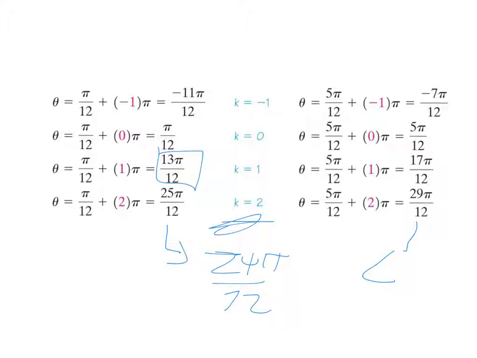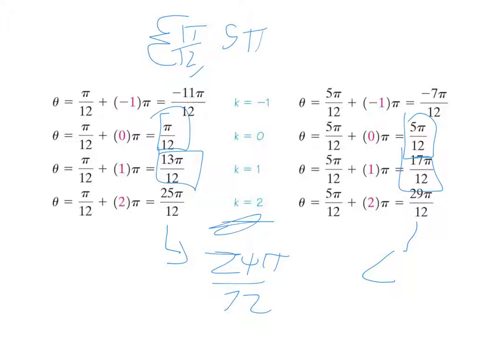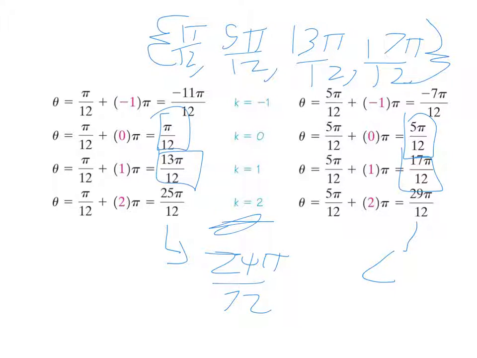So these four answers: pi over 12, 5 pi over 12, 13 pi over 12, and 17 pi over 12. Those all fit your equation.